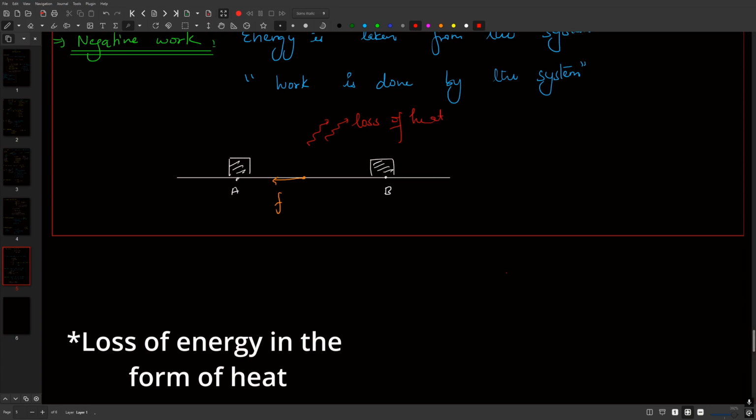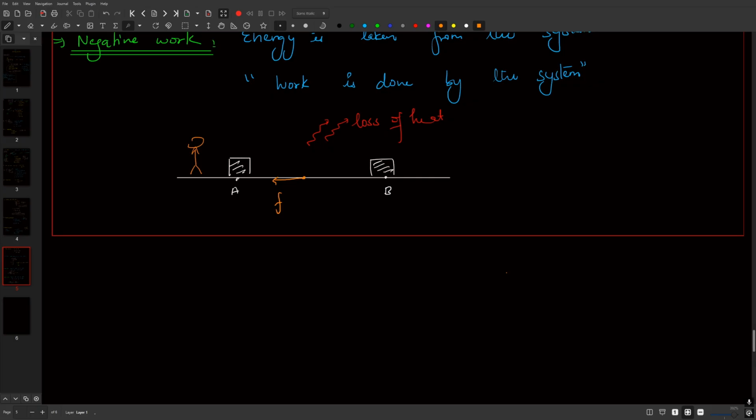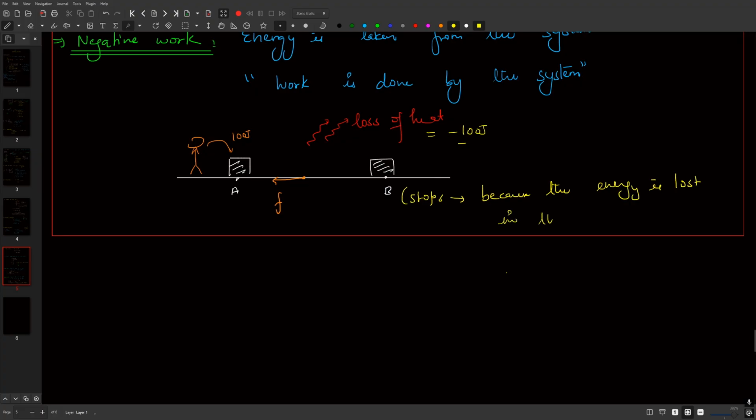So whatever energy you transferred to the box, which was, let's say, 100 joules, I'm assuming a number here, the 100 joules is eventually lost in the form of heat. That's why the box stops. It stops because the energy is lost in the form of heat.